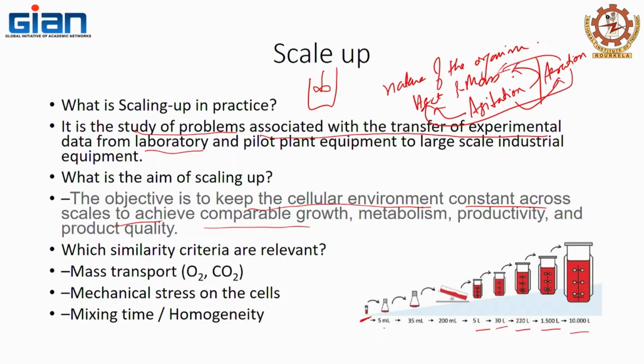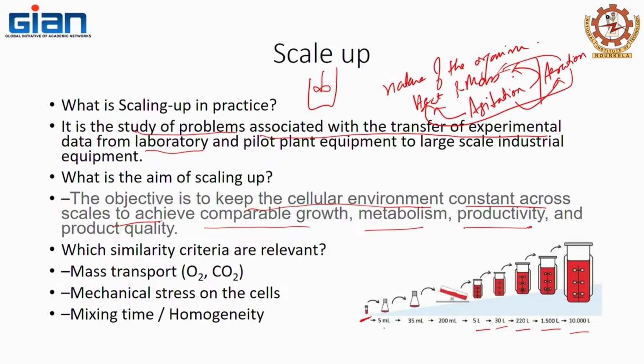I am not using the term exact. I wish I could use the term exact, but I am using comparable. You might not get exact growth, but you will get relatively comparable growth, metabolism, productivity and product quality.